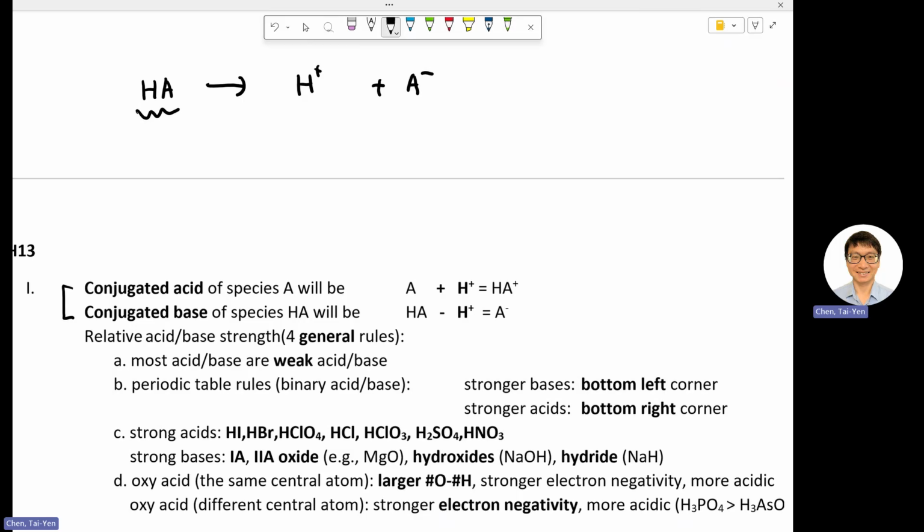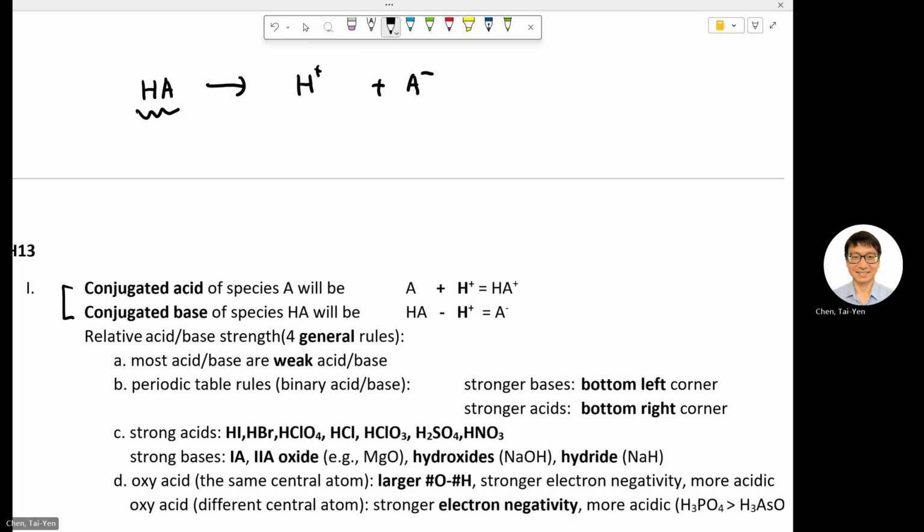So your charge must be balanced every time you write an equation with arrows. The atoms also need to balance: you have one H and one A on the left-hand side, and one H and one A on the right-hand side as well. So you need to be fair to write a proper chemical reaction. Pay attention to the atoms, but also the charges.